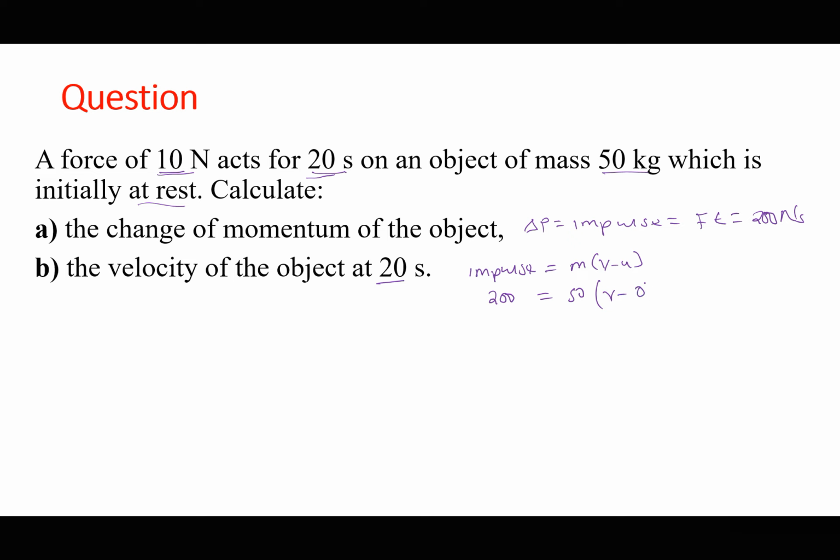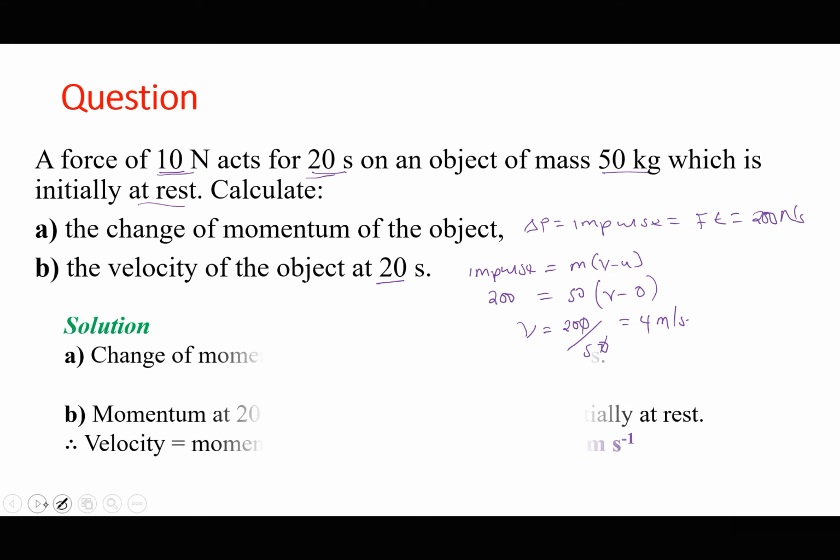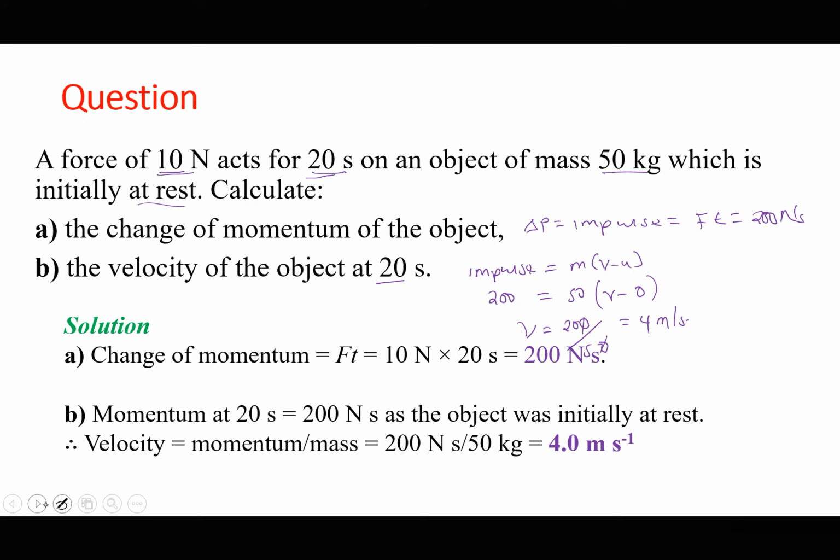Initial velocity was 0 because it started from rest. So v is simply 200 divided by 50, which is 4 meters per second. I think this is correct. 200 newton seconds is the change in momentum, and the velocity is 4 meters per second.